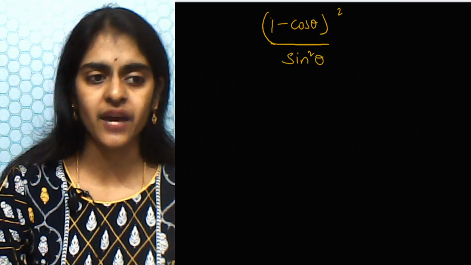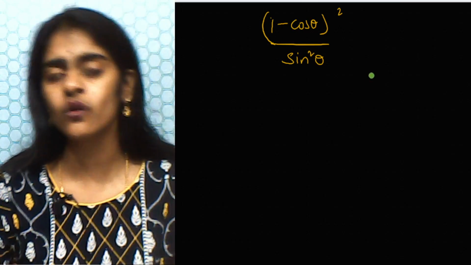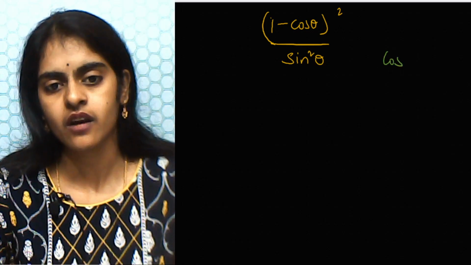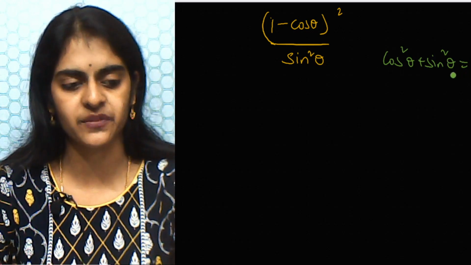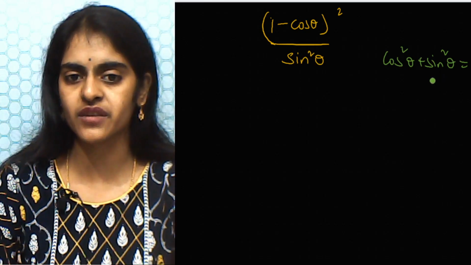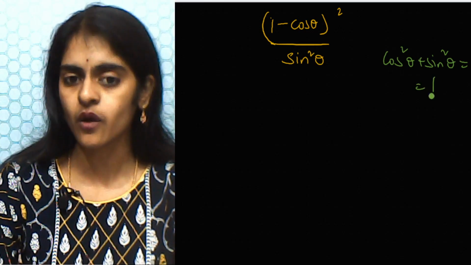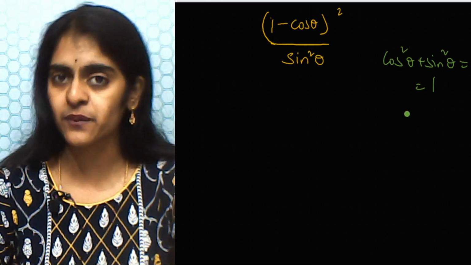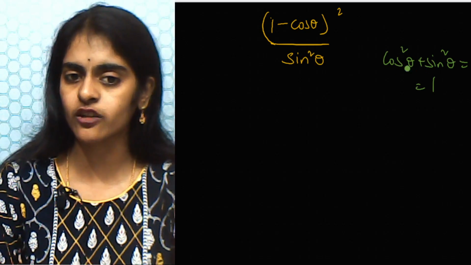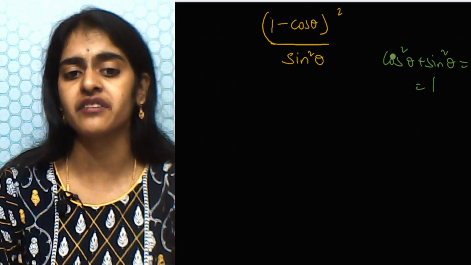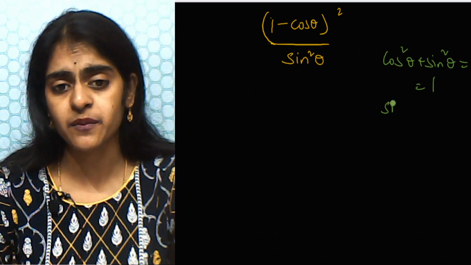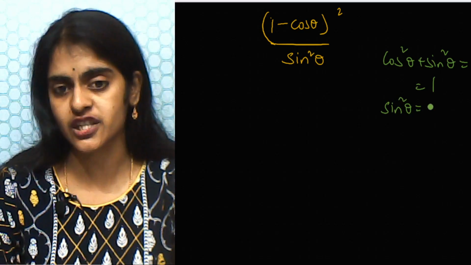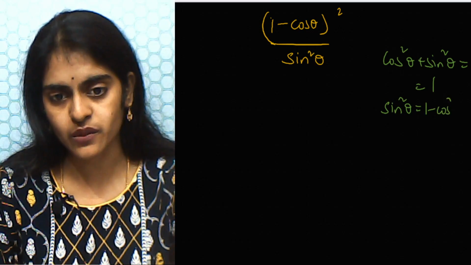But we know one identity: cos square theta plus sine square theta is 1, isn't it? If I transpose cos square theta to the RHS, it becomes sine square theta is equal to 1 minus cos square theta.